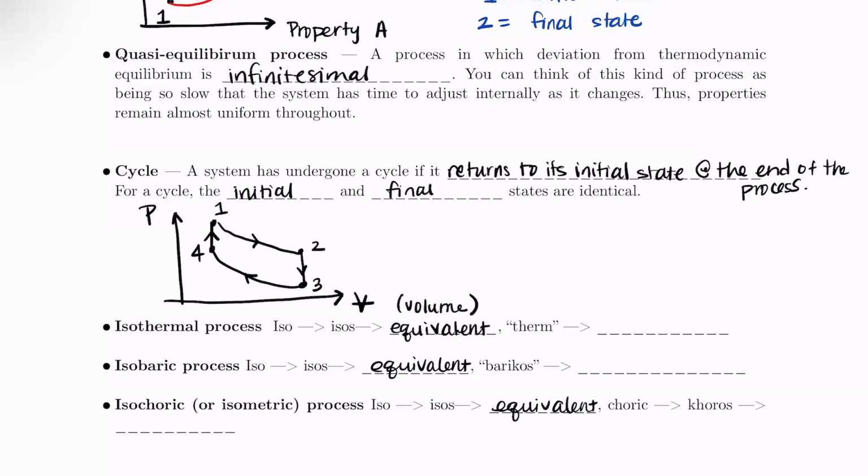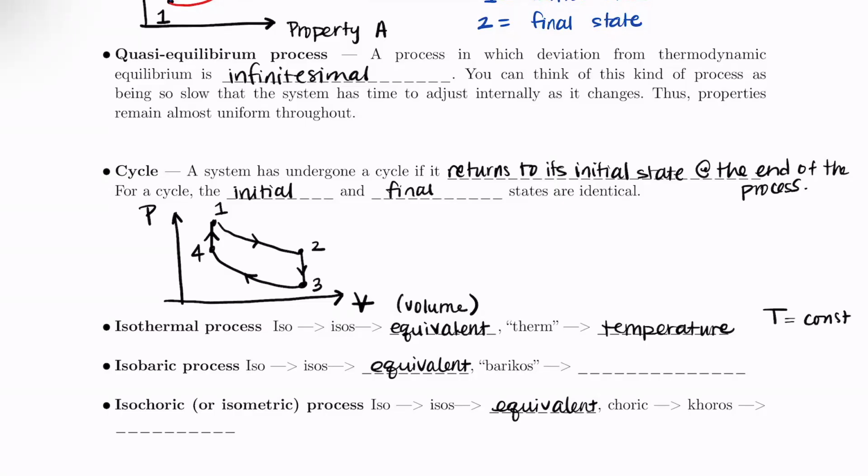Therm, we've already talked about, that means temperature. So an isothermal process means that the temperature is always the same. Or in other words, we can say that temperature is a constant, right?